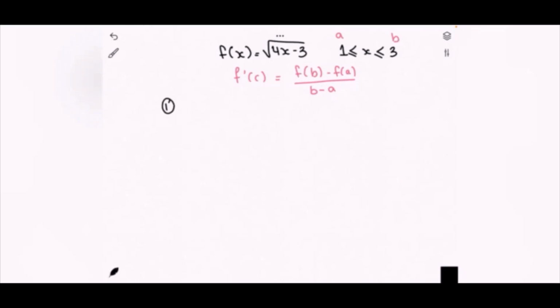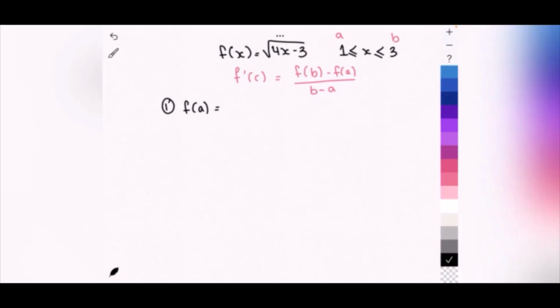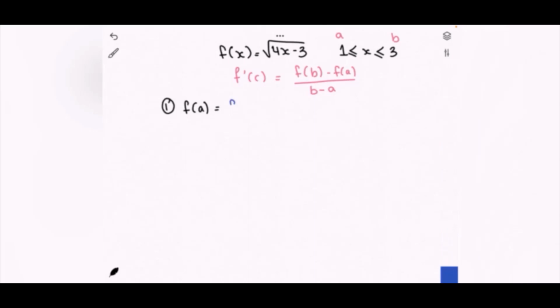Our first step here is to find f of a and f of b. So f of a is equal to f of 1, and we're going to replace x by 1. So square root of 4 times 1 minus 3 is equal to 1.